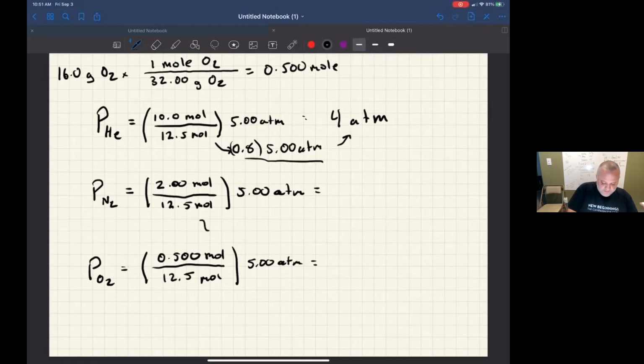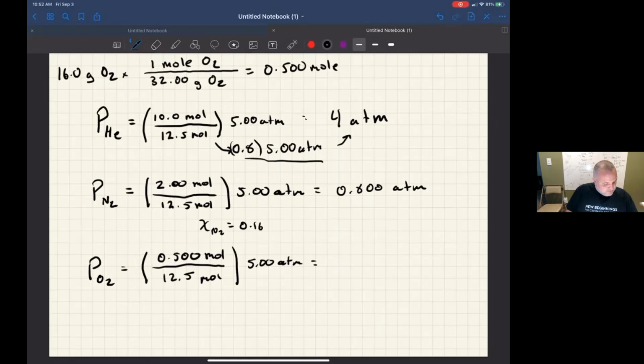or the mole fraction of nitrogen, equals 2 divided by 12.5, and I get 0.16. And so 0.16 times 5 is 0.800 ATM.